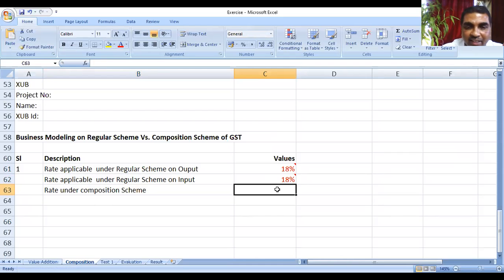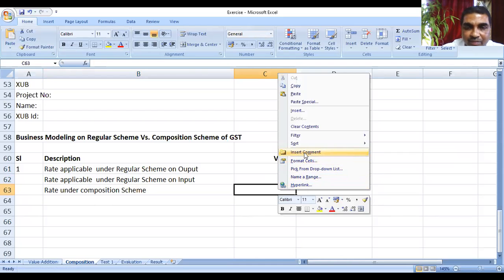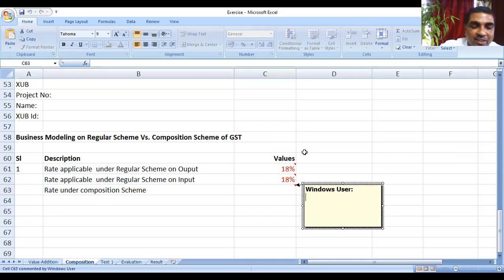You see, I'm clicking here, right click. This will automatically give clear understanding. So you can write manufacturers or traders. Okay, 1%. Then what's the option?